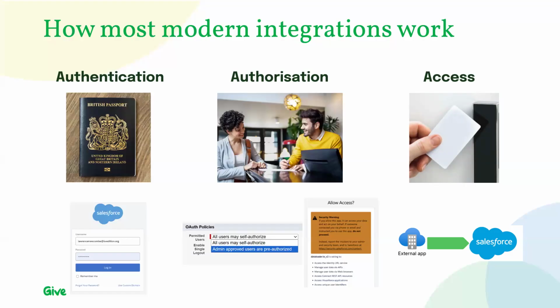That might be extracting some data, pushing some data into Salesforce, or changing metadata, so accessing Salesforce through the API. That's equivalent to using your key card that you've been issued when you showed your passport and were verified to be a guest at the hotel. You're provided that access.